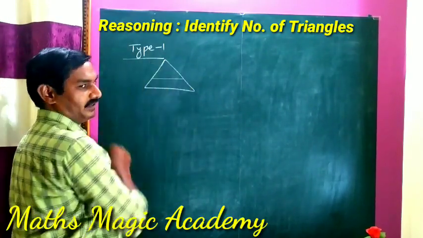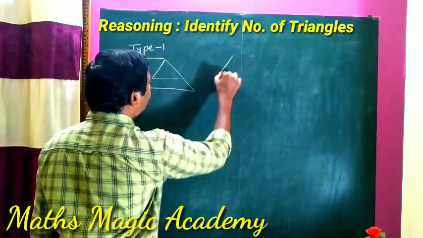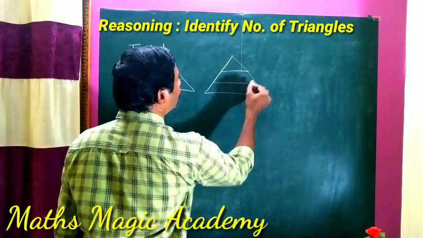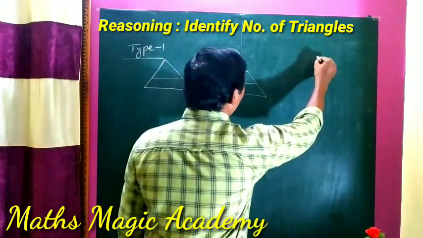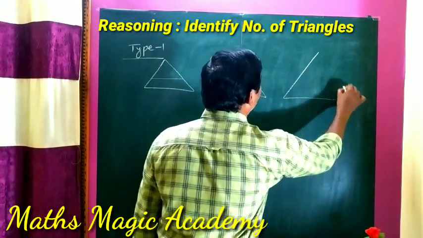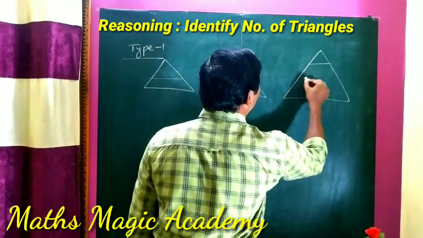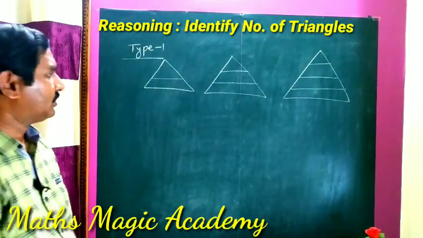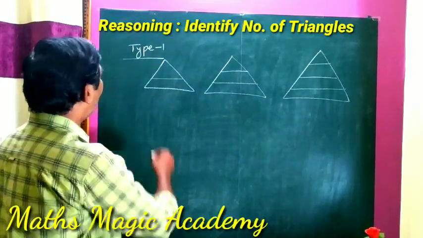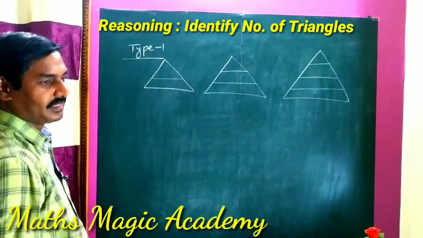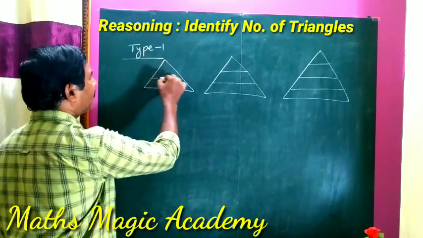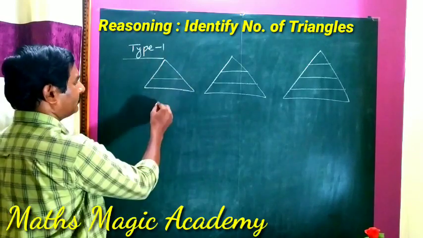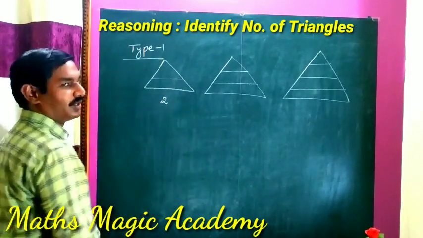Now I am drawing a line, and now two lines, and now three lines. How many triangles are appearing? It may be a simple one. Here one triangle, here one more triangle, so total number of triangles is 2.